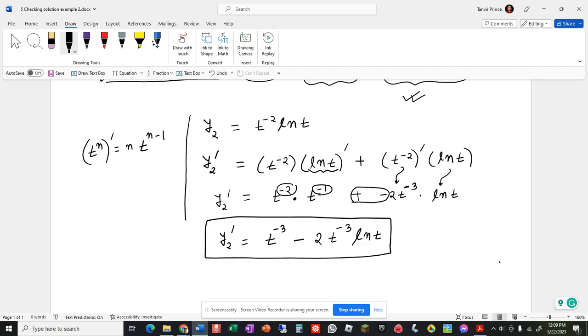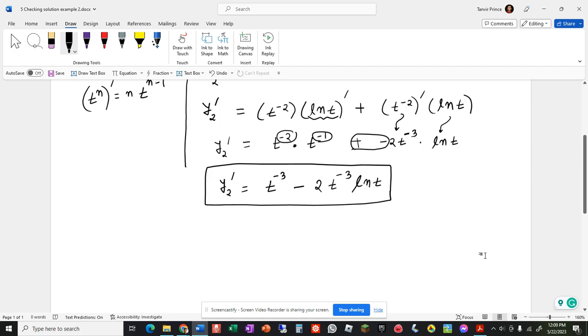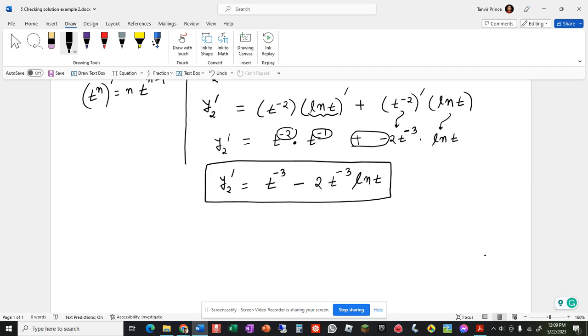I need one more. Let's do the second derivative. I need a little bit of space, so I'll start from the left. Start from the derivative of t to the power negative 3. That will be negative 3 t to the power negative 3 minus 1, right? So that's actually negative 4.